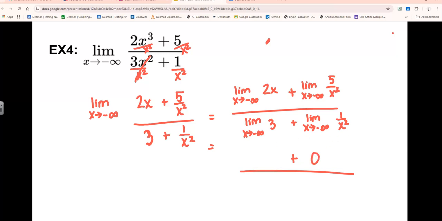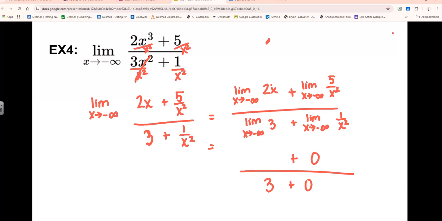Alright, what is the limit as x approaches negative infinity of 3? It is 3. And the limit as x approaches negative infinity of 1 over x squared? 0. Right there. Now let's just think. What is going to happen as I plug in bigger and bigger numbers right here? Negative infinity is what we're thinking about. You're not really plugging in negative infinity. That's impossible.